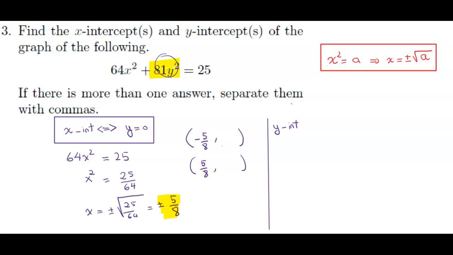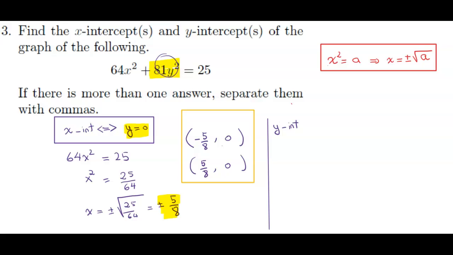Now what will be the value of the y? Obviously the value of y would be this one: y equals 0 for both scenarios. So you put 0 in here and 0 in here, and that's basically the solution. So we have 2 x-intercepts.